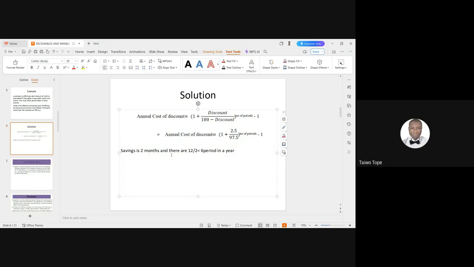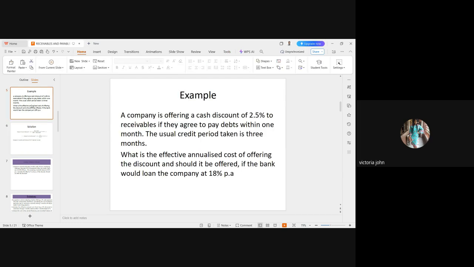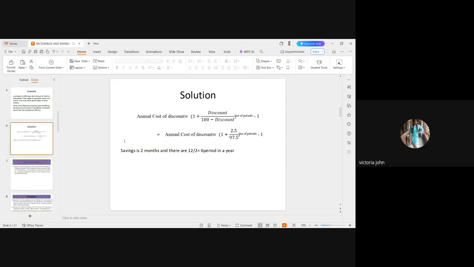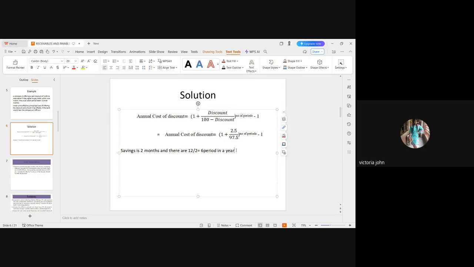If we have 4 months to pay the credit facility and we pay within 1 month, we save 3 months. So the remaining months in a year will be 12 divided by 3, which is 4. So I don't know if we just say that is the formula to get the remaining months saved annually. Make it clear in terms of another scenario.